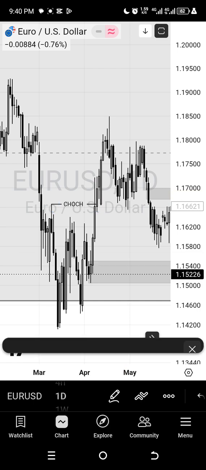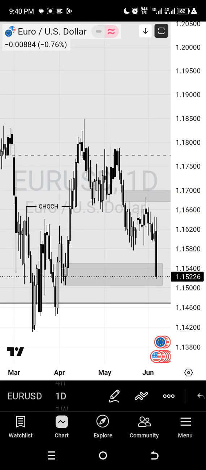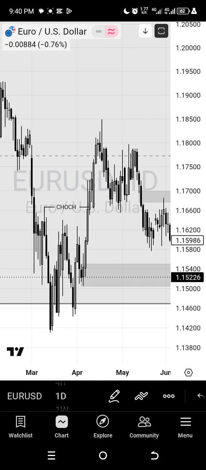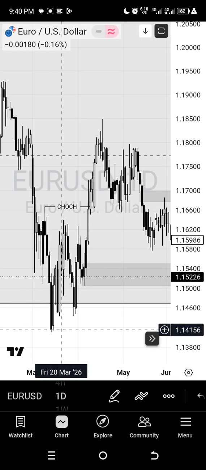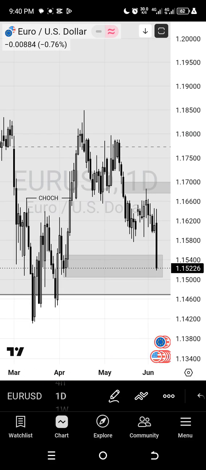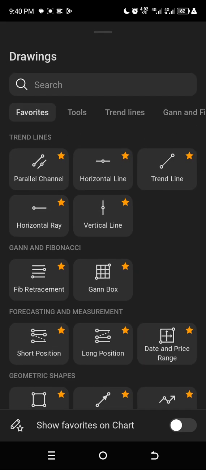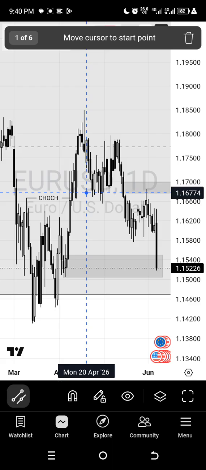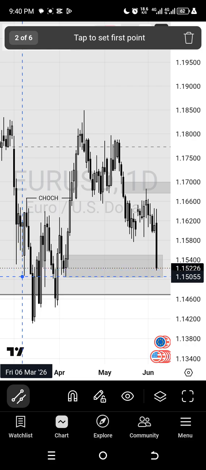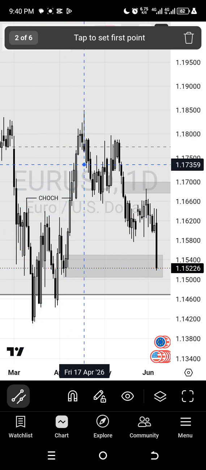Another thing is we also got this range, this swing low here and this swing high here. The sweep you guys can see is that this market swept this low and also swept this high and then expanded higher.